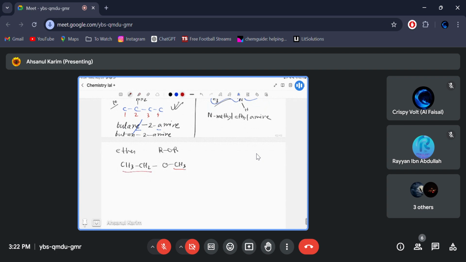The smallest chain will be oxy, okay? So the name will be methoxy ethane, clear? The name will be methoxy ethane, and the common name is methyl ethyl ether.